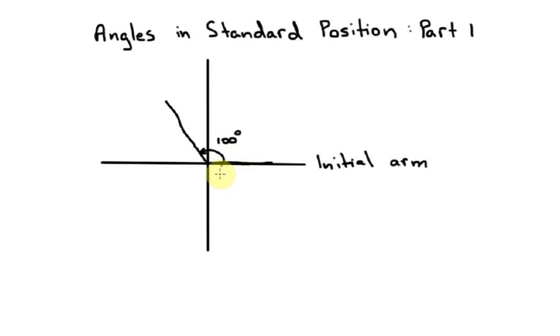Now, the nice thing about this system is I can keep drawing as big an angle as I would like. For example, let's say I wanted to draw 400 degrees. I would rotate up this way. I just hit 90, then I keep going, I hit 180, keep going, hit 270, now I hit 360.